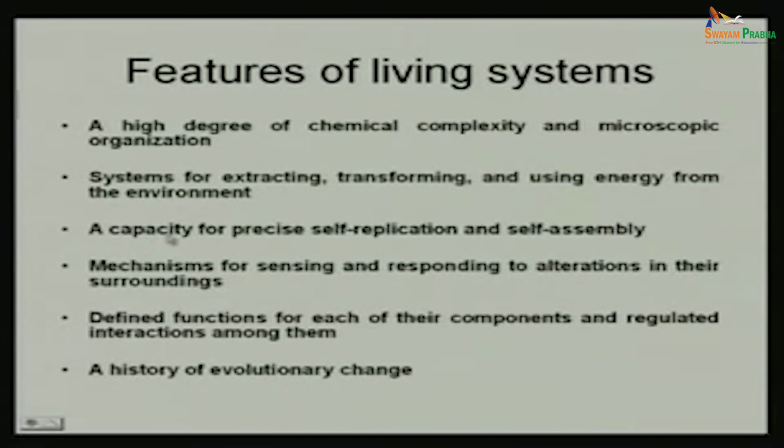It has the capacity for precise self-replication and self-assembly. Mechanisms for sensing and responding to alterations in their surroundings are also one of the characteristics of life. Defined functions for each of their components and regulated interactions among them are also activities of the living system.